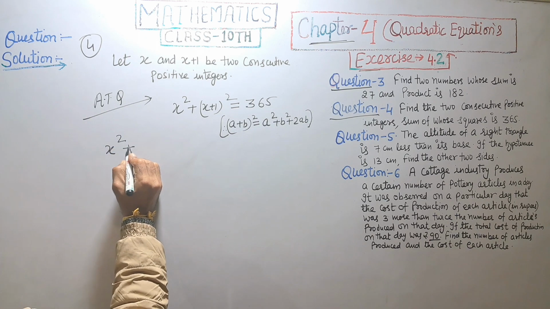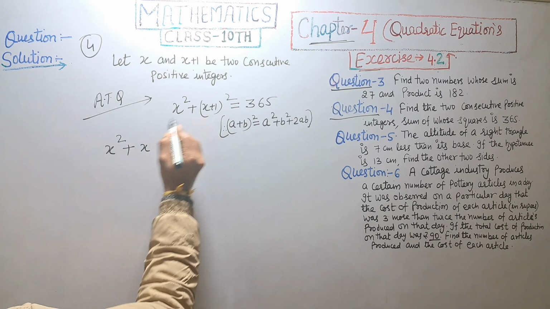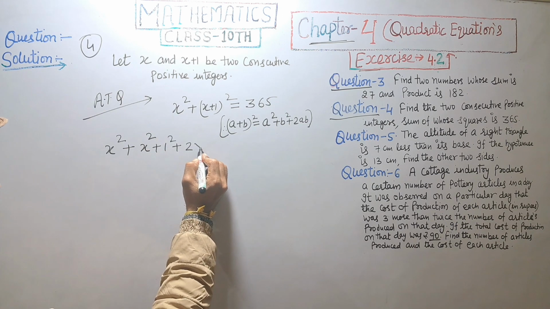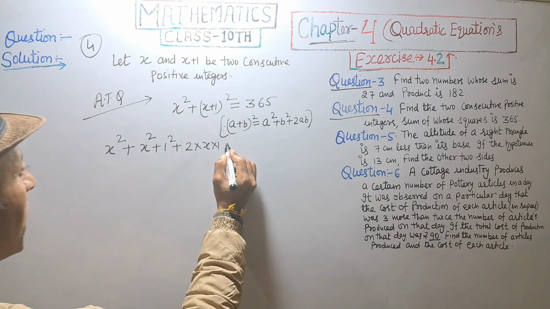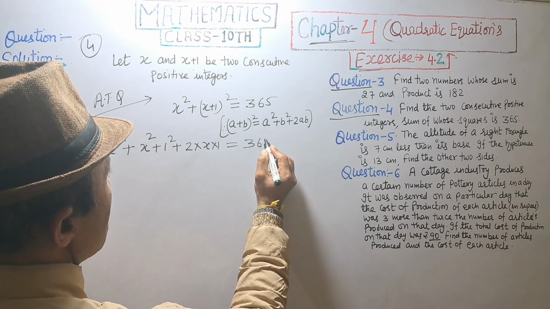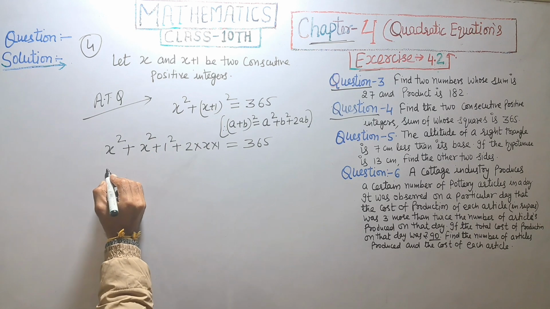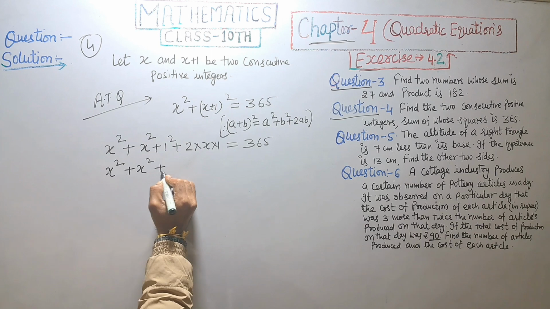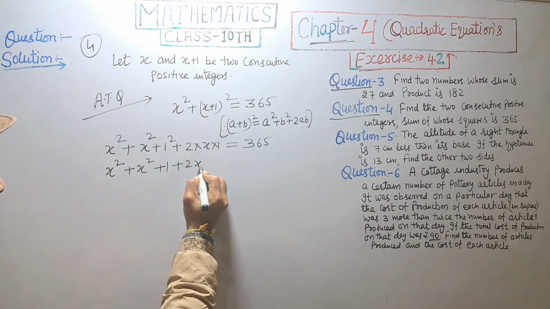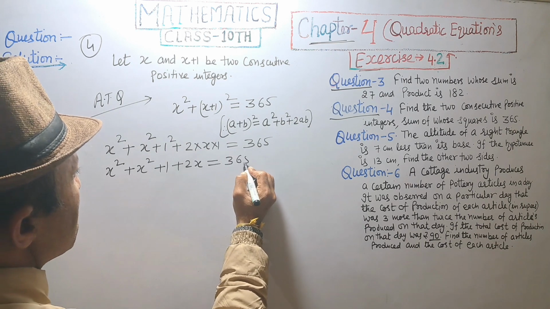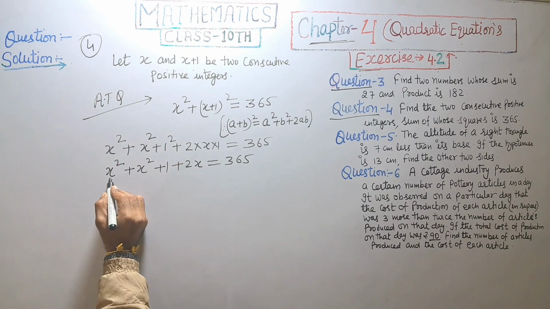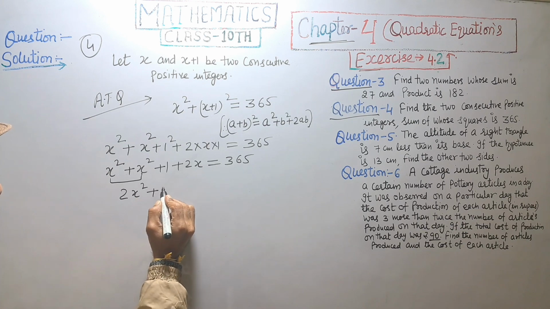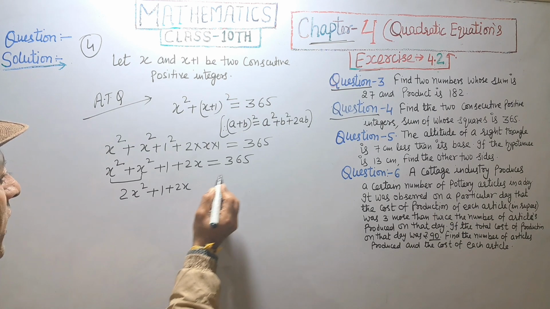So x square as it is, plus 1 square, plus 2 into x into 1, is equal to 365. x square plus x square plus 1 plus 2x is equal to 365. x square plus x square is 2x square, plus 1 plus 2x.